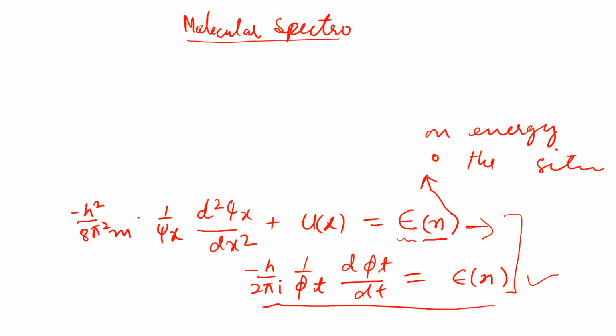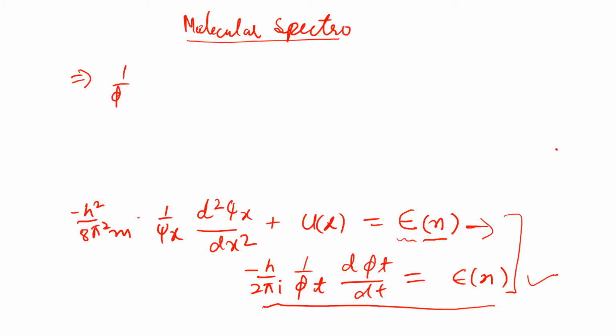Let us erase this and now solve this equation. Very easily, this implies 1 by phi t, d phi t, is equal to minus 2 pi iota by h into E n into dt.